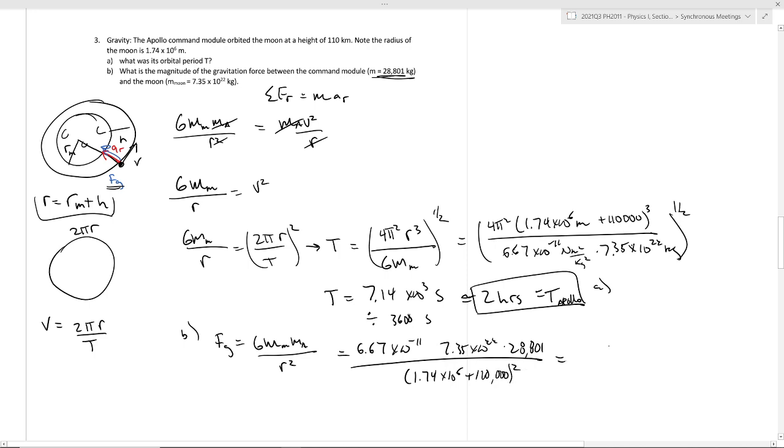And, crunch those numbers, you would find that this force is something like 40,000 newtons.